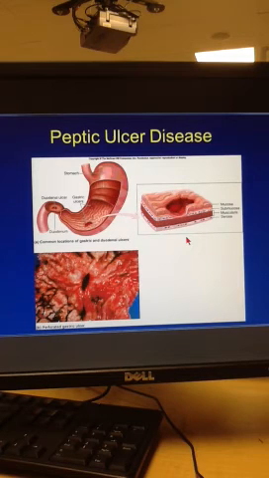Now, if the gastric juices make their way through to the stomach lining, they will begin to erode away and eat away at the stomach lining, and those are called gastric ulcers. It used to be thought that that was due to stress, diet, any number of things, but about 80% of most ulcers are due to a bacterium called Helicobacter pylori.